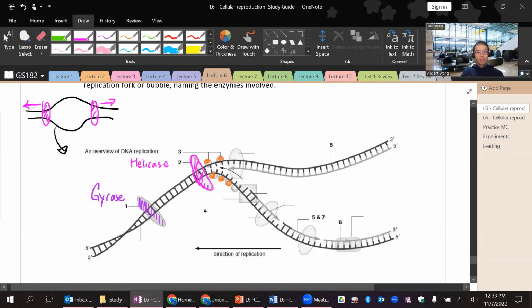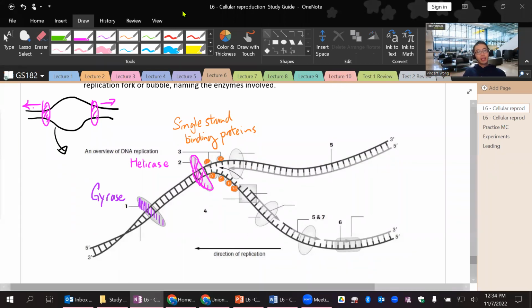Right? We also labeled them in the notes that we took on Monday. These are single strand binding proteins. Okay, they prevent reannealing from happening, prevent the strands from coming back together. You keep them apart. Okay.